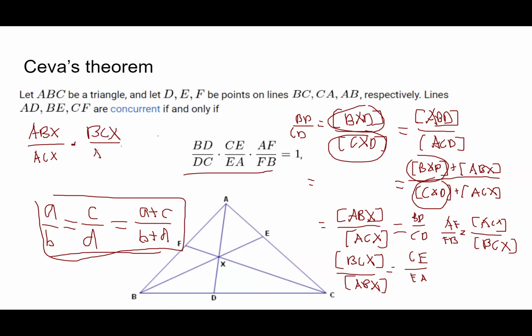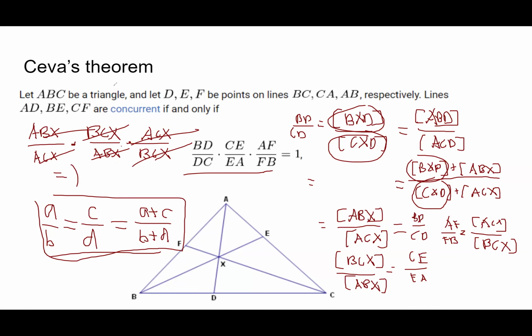And then everything cancels: this cancels with this, and this cancels with this. So when you take the product of the three ratios, you get one. That's the basic outline of the proof.